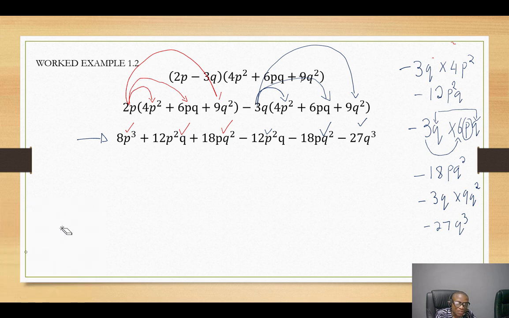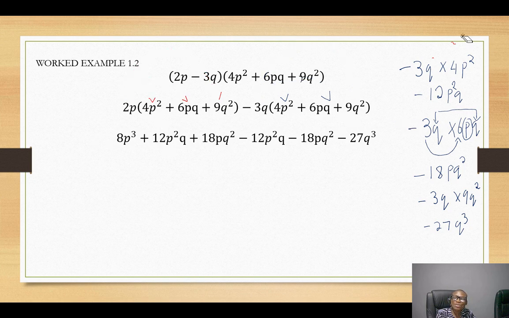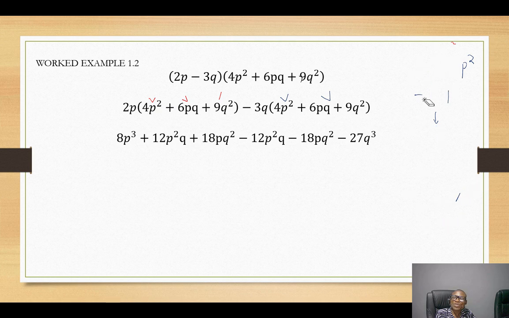I'm going to erase first. We have to check how many terms we have. We have got 1, 2, 3, 4, 5, 6.